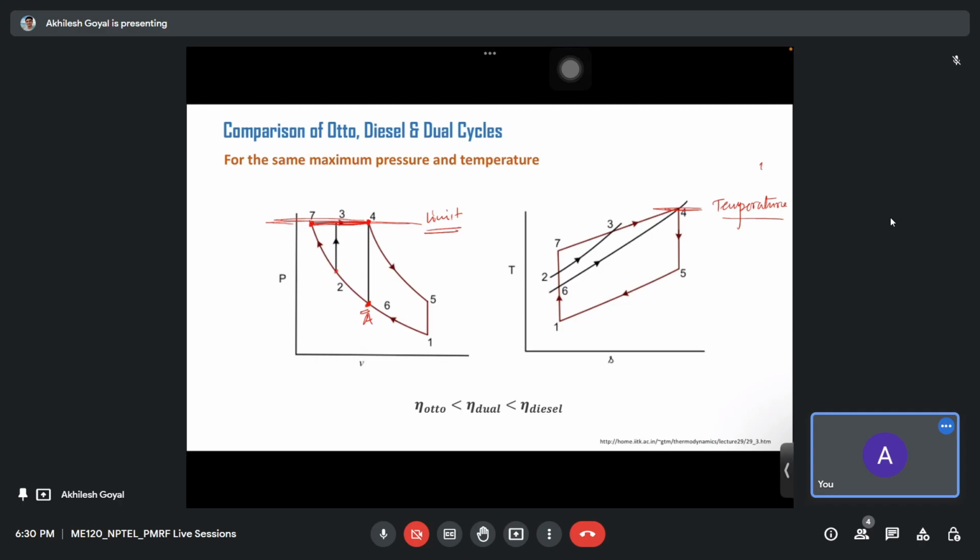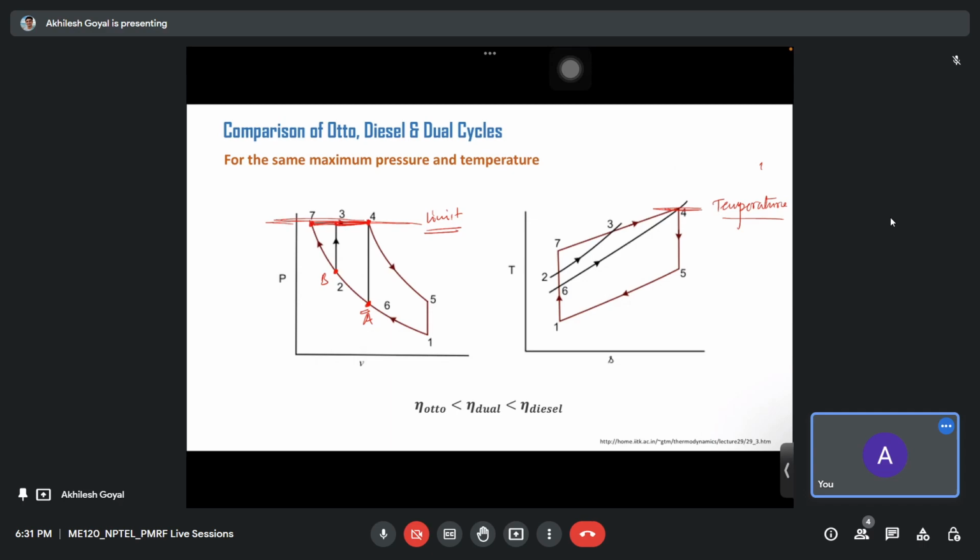And for dual cycle, we have to add heat at some point B, where the partial heat is added at constant volume, and the remaining heat is added at constant pressure.